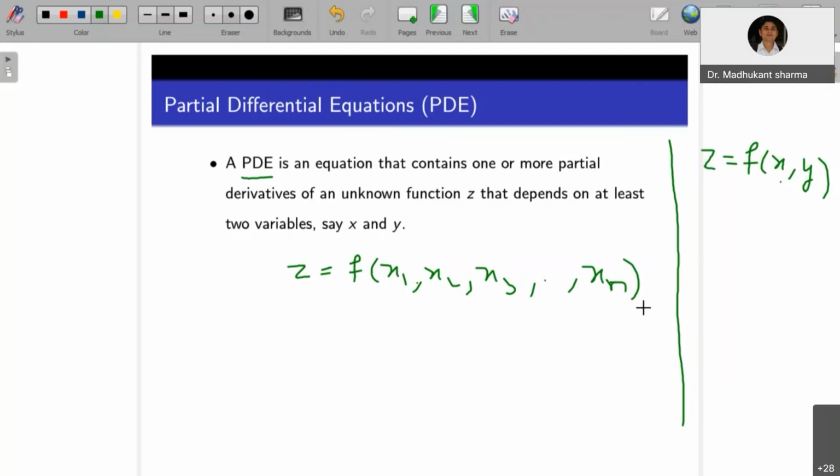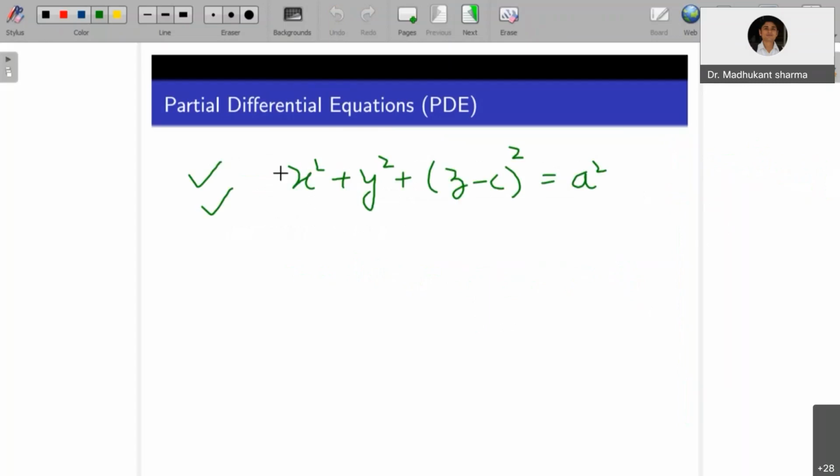So we are talking about a partial differential equation. This family of spheres is an equation of a surface, not a partial differential equation, because you are not able to see any partial derivatives here.